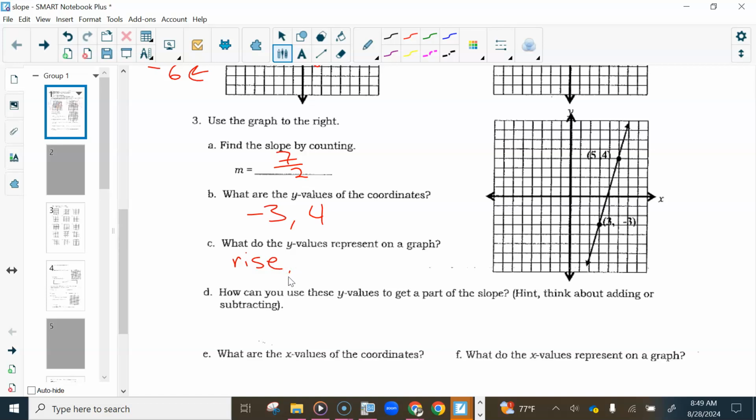Also known as the vertical change, how high the points are going. So if we wanted to use these y values to get part of the slope, so think about, we're looking at the vertical change, how could we find that distance?